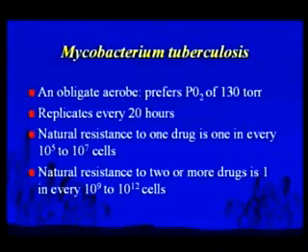And of great clinical importance is the idea that by spontaneous mutation, about 1 in 100,000 to 1 in 10 million cells is going to be resistant to a given drug. And to two or more drugs, 1 in every 10 to the 9 to 10 to the 12 cells, just by spontaneous mutation. So that treating TB, the principle has evolved that it really is a race against time.